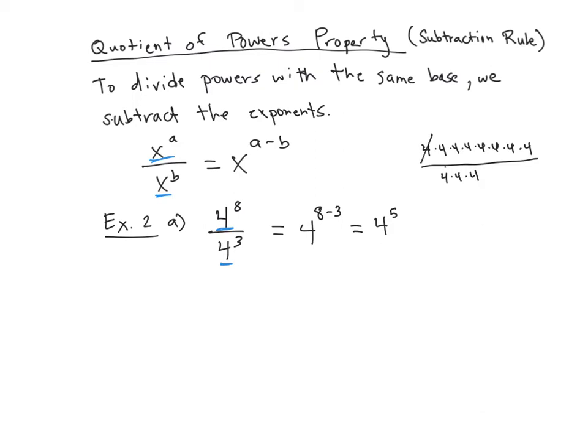So 4 over 4 makes 1, 4 over 4 makes 1, 4 over 4 makes 1, and what I'm left with is 5 4s multiplied together, or 4 to the power of 5 is an easier way of writing that, right? And a quicker way to get to that answer is to use our subtraction rule, or what is more formally called the quotient of powers property, right? So 4 to the 8 divided by 4 to the 3, we can just do the subtraction rule, 4 to the 8 minus 3, which is 4 to the power of 5.